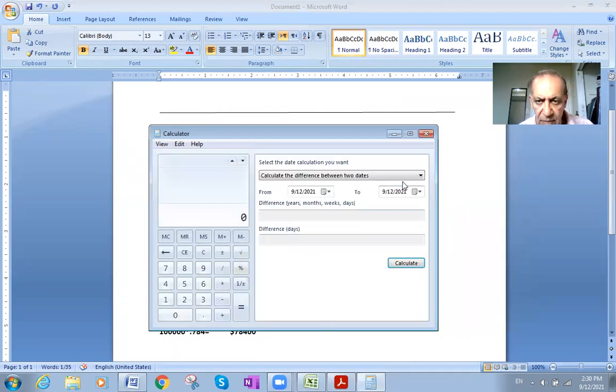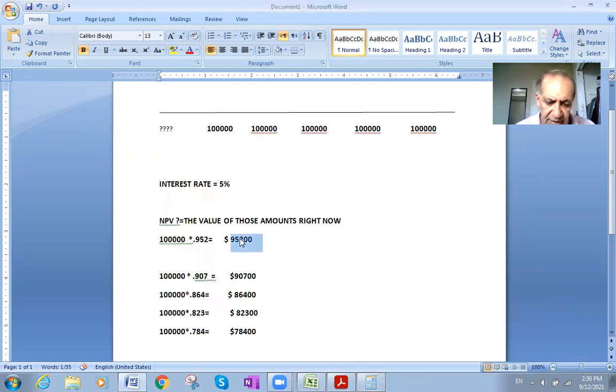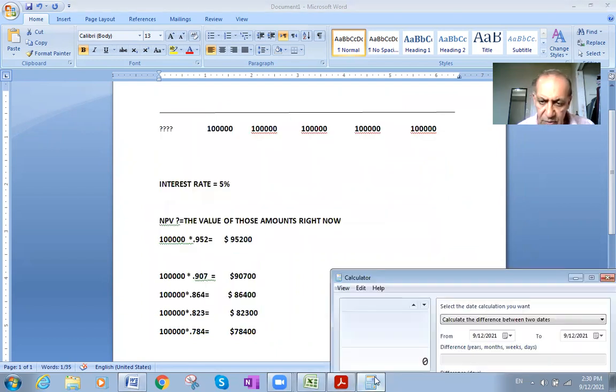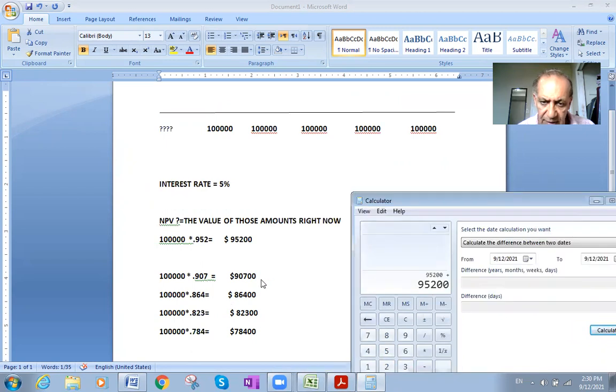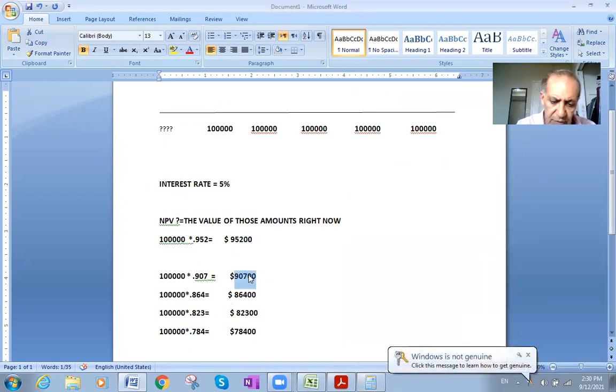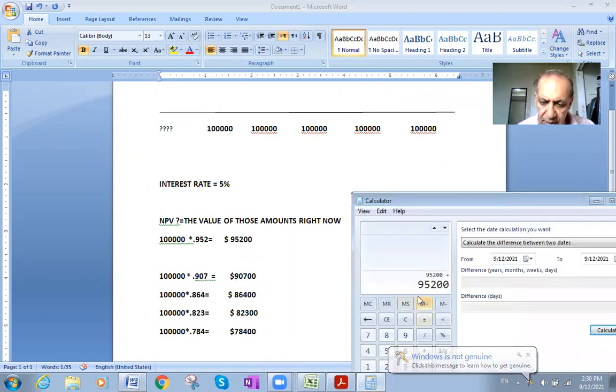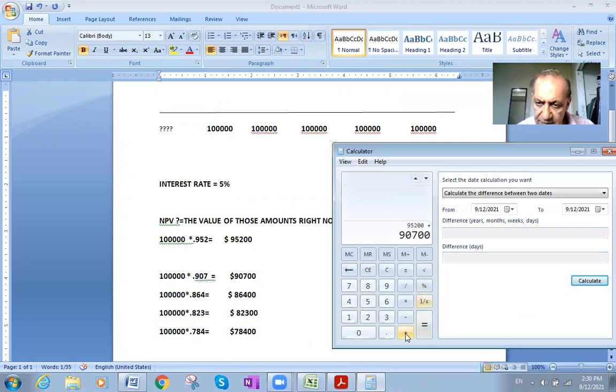This is 95,200. Control and C. We'll go to our regular calculator. Control and V. Plus. The second one is this one. Control and C. We'll go here, Control and V, plus.